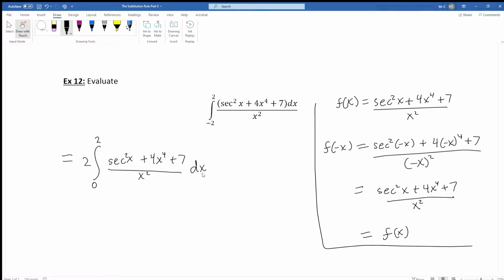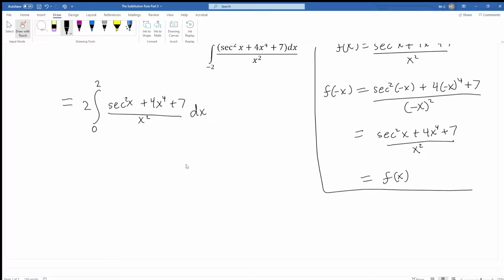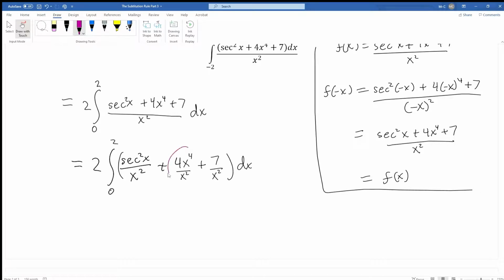Now, I'm not actually going to finish this problem because, well, I'll show you. I just wanted to use this as an example for a setup. Okay, so these two are easy to deal with.